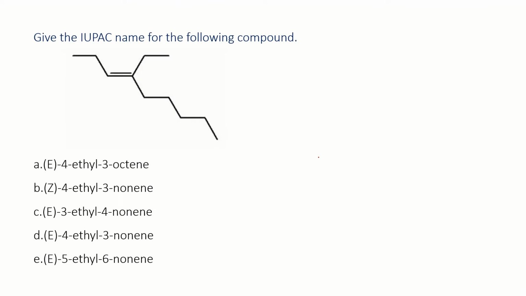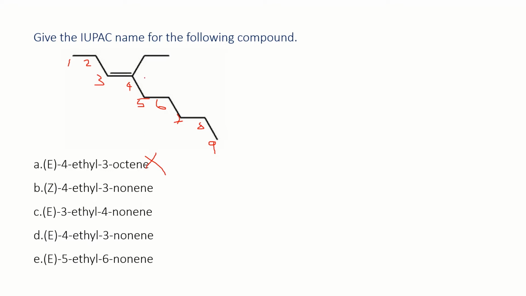Could you name the following? What about this? Well, let's try. I would advise to pause right here. So we have a carbon chain that is 1, 2, 3, 4, 5, 6, 7, 8, 9 carbons in length, and so it is a nonene, so we can get rid of that one.